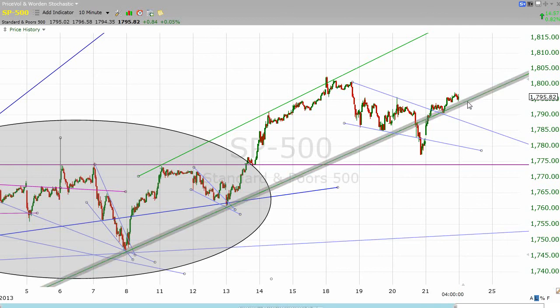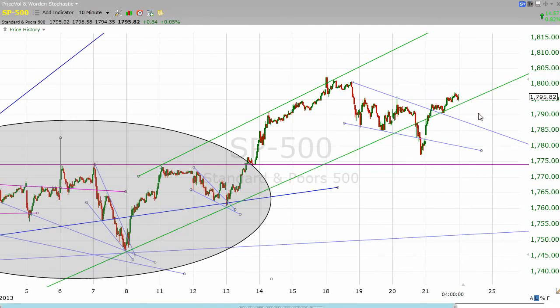And one thing that I think you'll probably be interested for me to point out is the fact that every time we break a channel, it seems we make an inverted head and shoulders pattern, and we may sort of have one here with the left shoulder and a head. Will we make a right shoulder again? Who knows?